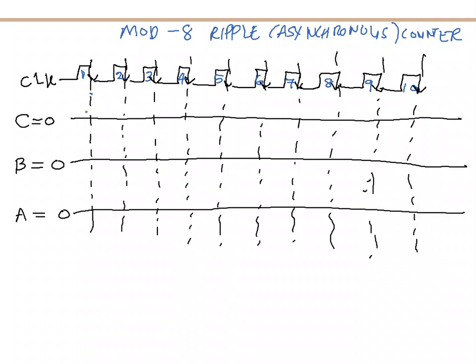When negative edge triggered clock is activated, the initial value of C, 0, will be toggled to 1. Then when negative edge triggered for clock 2 is activated, it changes to 0. Okay, and then 1 and so on. Just toggle.